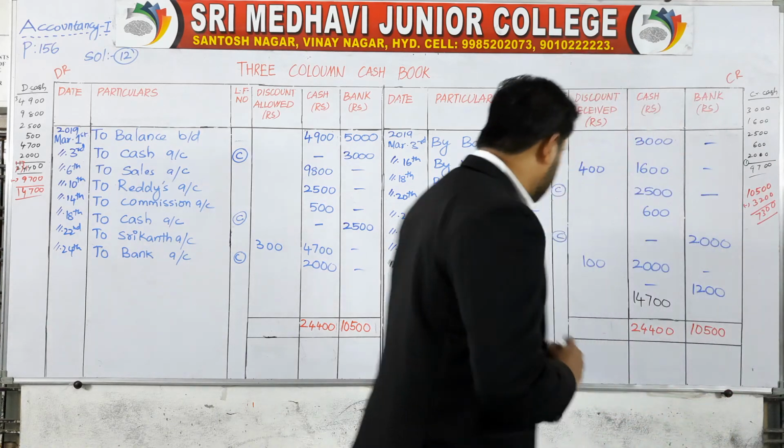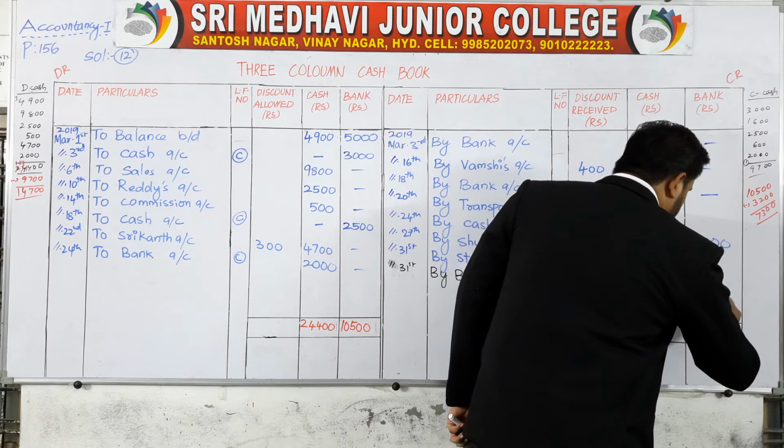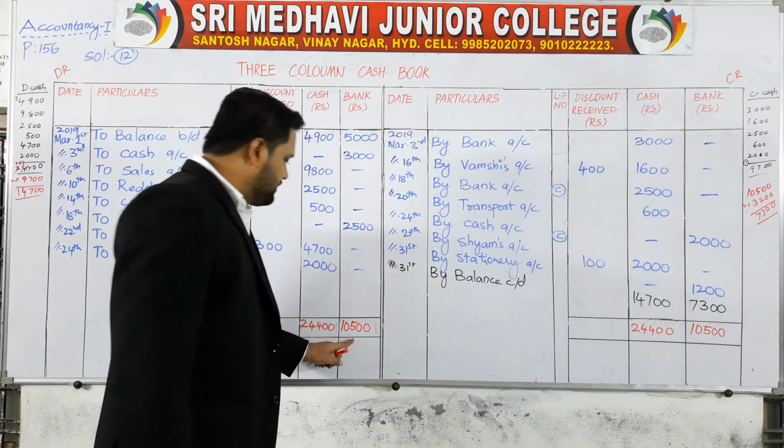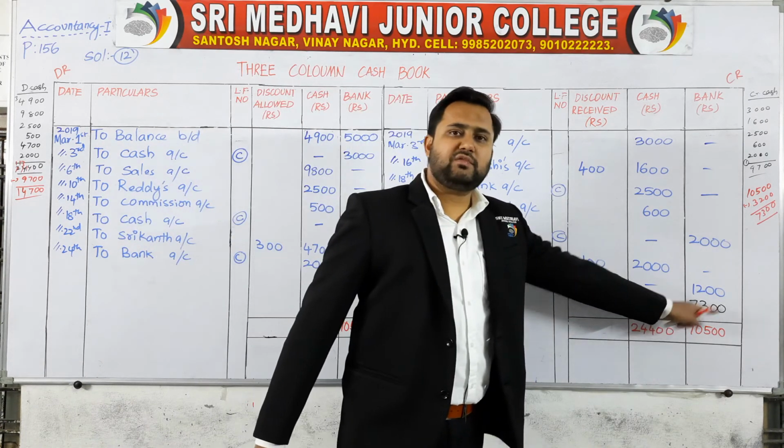So how are you going to write? Here, by balance carry down, already you have written 7,300 is your bank answer. So from this 10,500 minus 3,200 you will get 7,300.